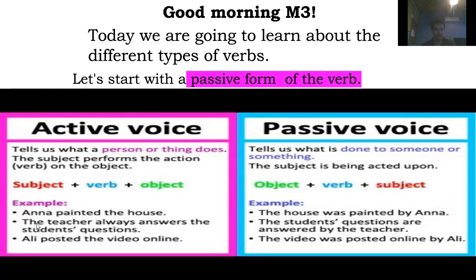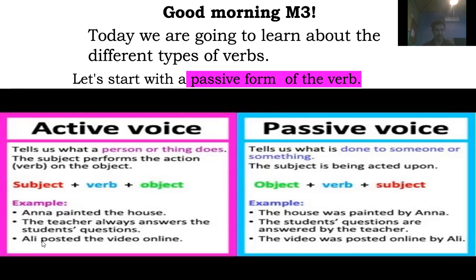Or another example: the teacher always answers the students' questions. Now, from the passive, where the teacher was at the end, we've put her in front. So the teacher is the subject, always answers is the verb, and the students' questions is the object.